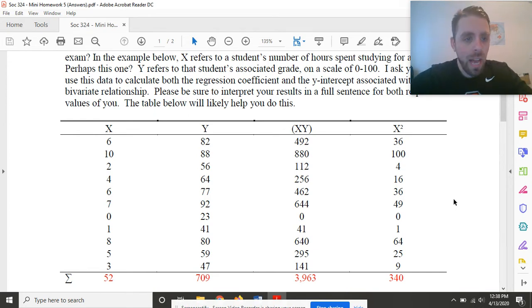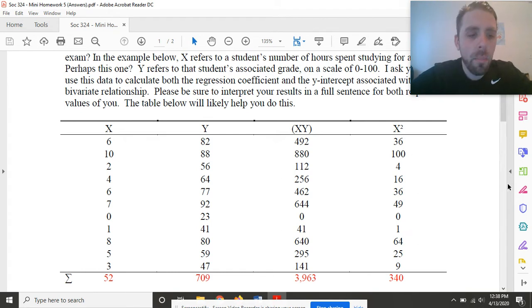It requires you to have the summation of X, the summation of Y, the summation of XY, which was obtained simply by multiplying X by its associated Y. So 6 times 82 for the first pair, 10 times 88 for the second pair, and so on. And finally, you had to calculate the summation of X squared. So that's each individual X squared and then finally summed.